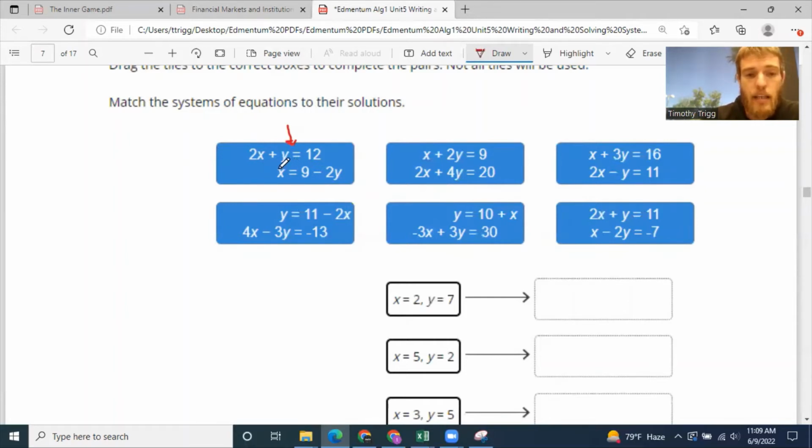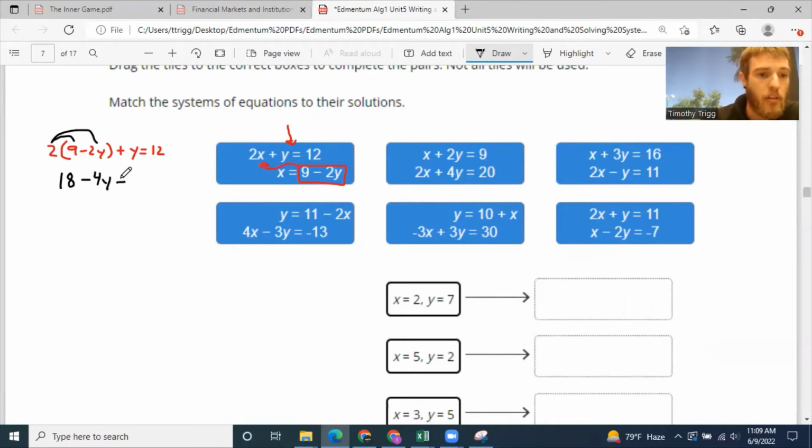Notice in this second equation, it says x equals 9 minus 2y. So that means I could replace x in the first equation with 9 minus 2y, giving us 2 times 9 minus 2y plus y is 12. We can distribute the 2 over here on the left, giving us 18 minus 4y.